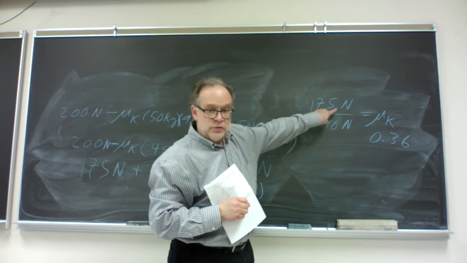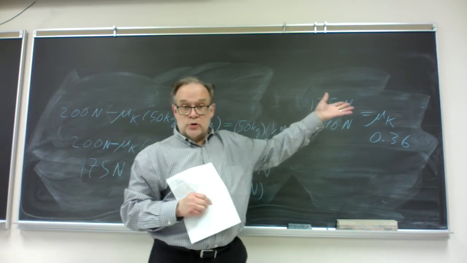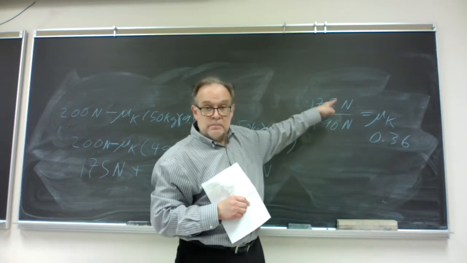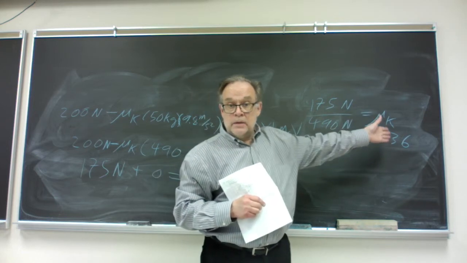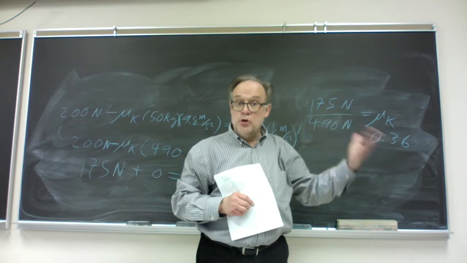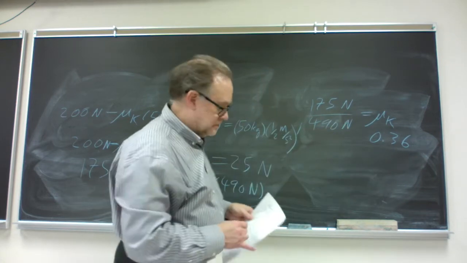And since you've got newtons in the numerator and newtons in the denominator, and you can treat unit labels as if they were algebraic variables, these two unit labels cancel each other out, and a coefficient of friction will actually have no unit labels. It's just a plain number.